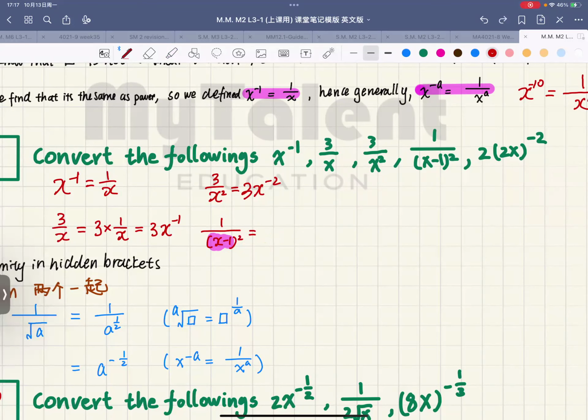Let me highlight this for you. That's your x minus 1. That's your x minus 1. All right, and that's 2. Is that clear? Okay, cool.